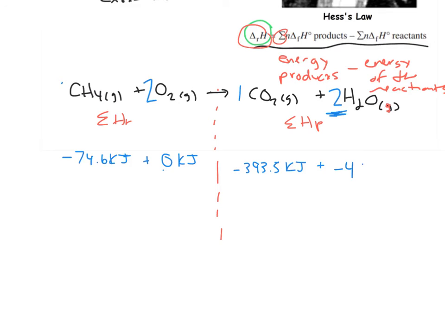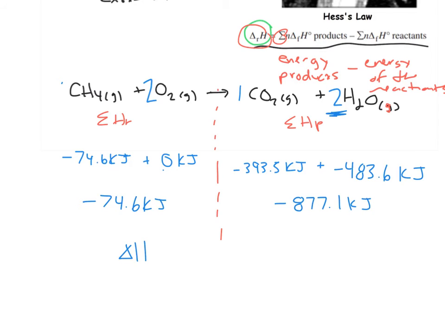So that's negative 483.6 kilojoules. So now when I look at my total energy of my products, this is negative 877.1 kilojoules. Total energy of my reactants is negative 74.6 kilojoules.